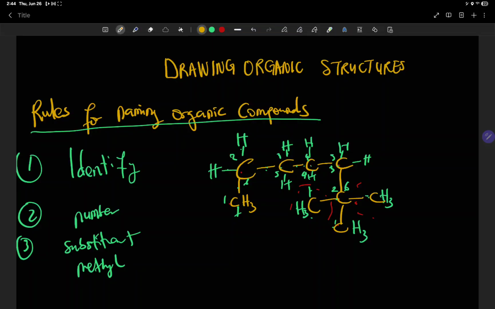So this is, first of all, a 7 carbon chain compound, and for the alkane family, number 7 is what? Hexane. Sorry, hex is 6, it is heptane.